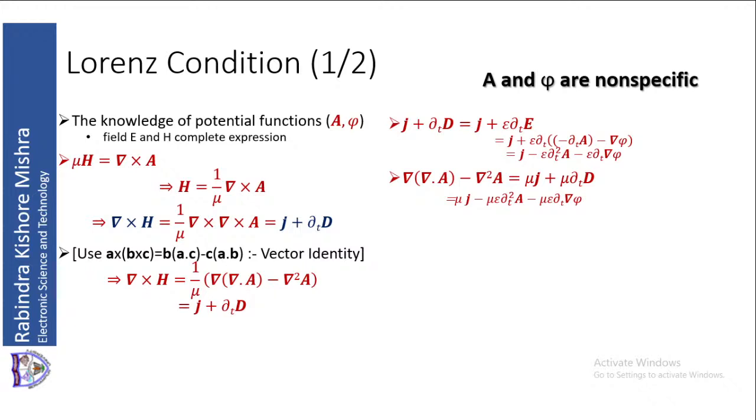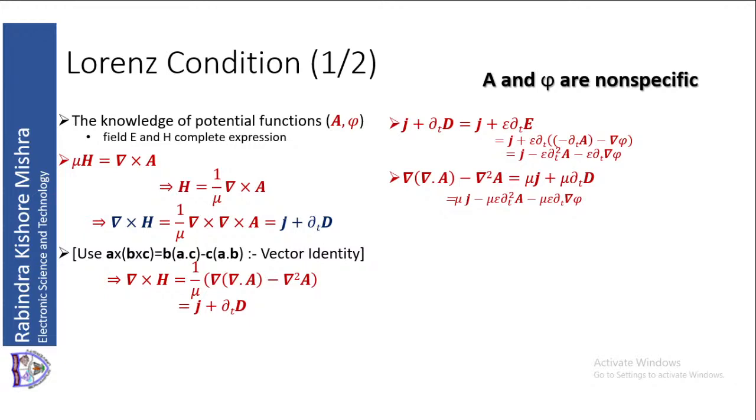So that we can write as this is equal to mu J minus, now mu dot T D, mu will be multiplied with dot T D. Dot T D we have found out as epsilon dot square T A plus dot T grad phi.